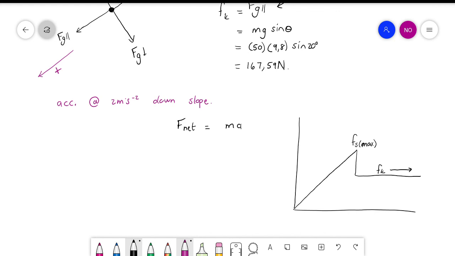Kinetiese wrywing bly die hele tyd dieselfde. So it's going to be exactly the same as it was there. Nee? So selfs al versnelheid teen 4 meter per sekonde teen die helling af. Kinetiese wrywing bly die hele tyd dieselfde. Okay. Goed. Ek gaan gou vir julle gee om op julle eie te doen.